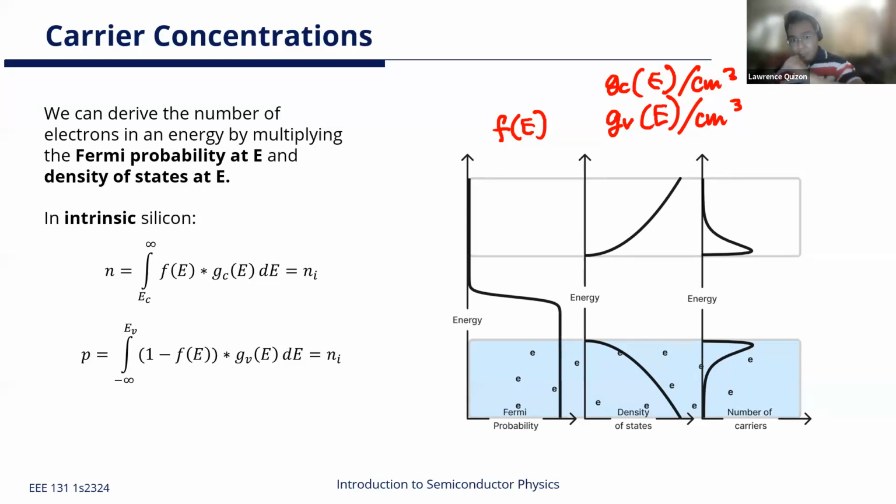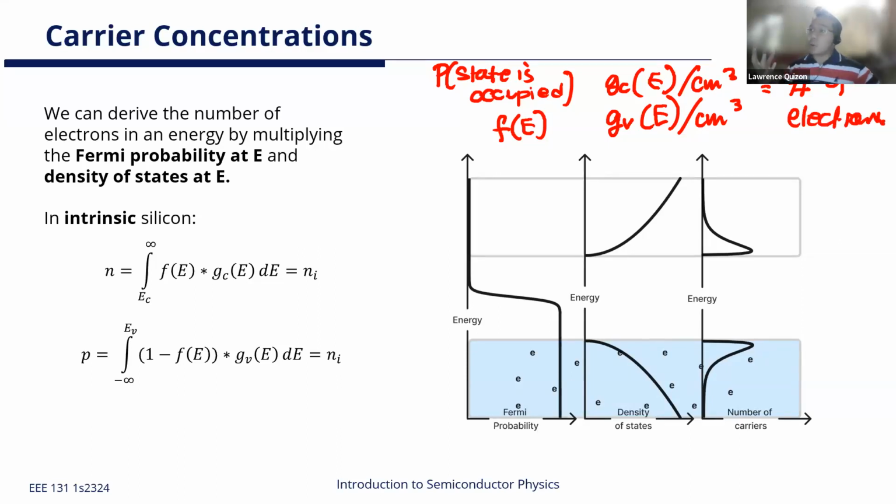Anyway, so the probability that a state is occupied times the number of states equals the number of electrons.